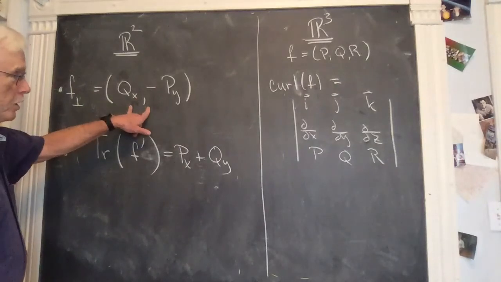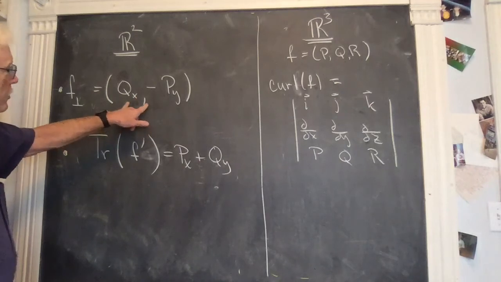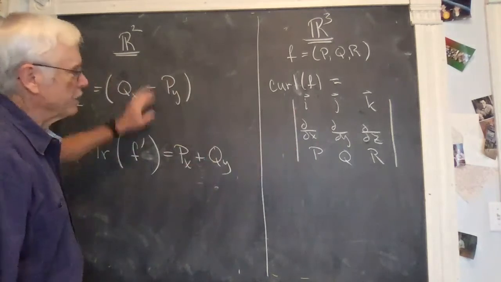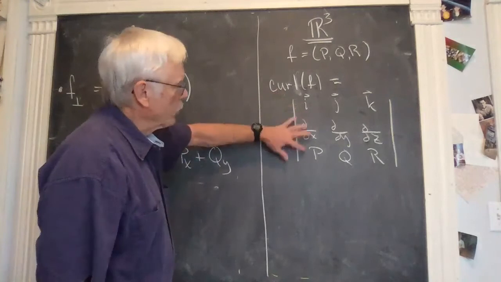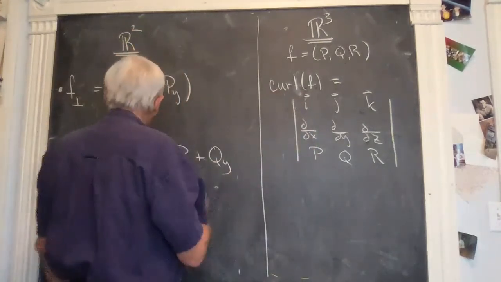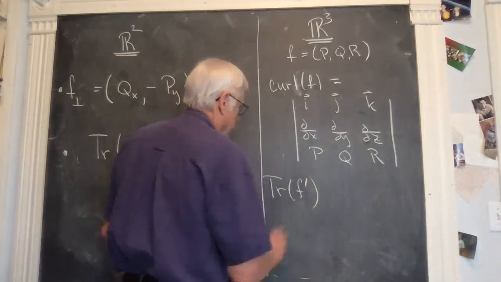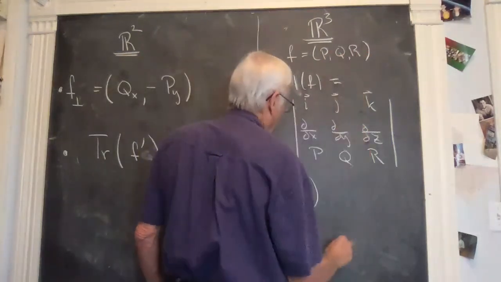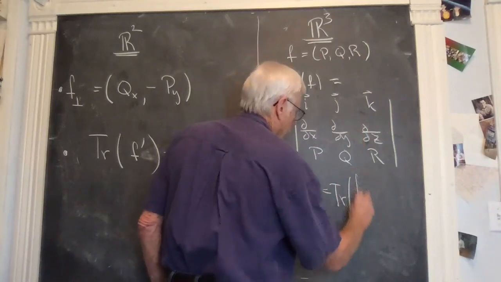It plays the role of this guy here. And in a way, there isn't a nice little format. It's similar, but in general, this cross product notation is used in higher dimensions. And the analog here is not just an analog, it's identical. It's the trace of F prime. F has p, q, r, so F prime in this case is a matrix.